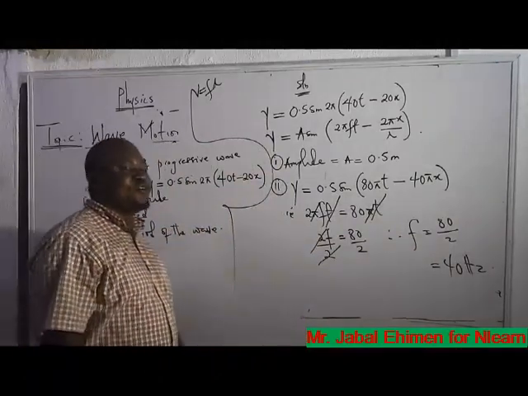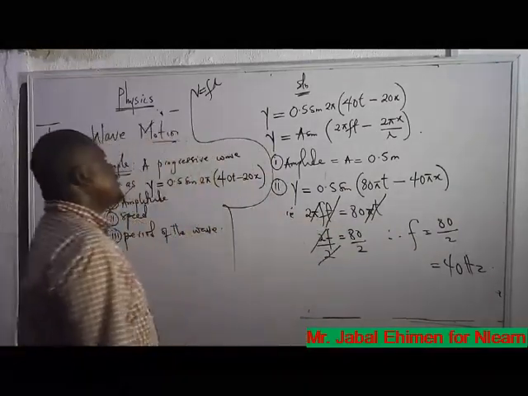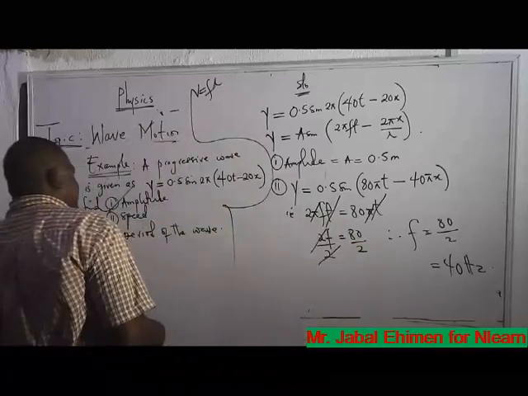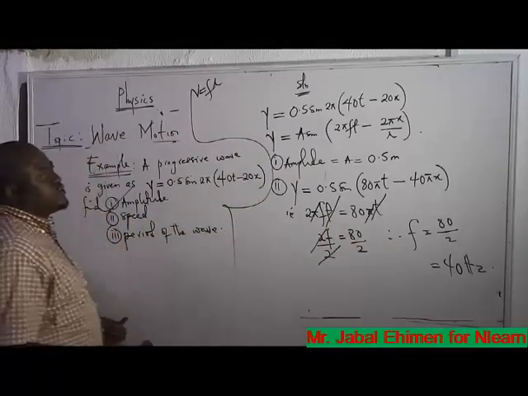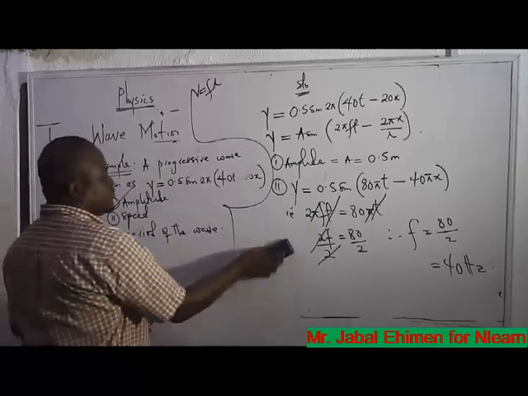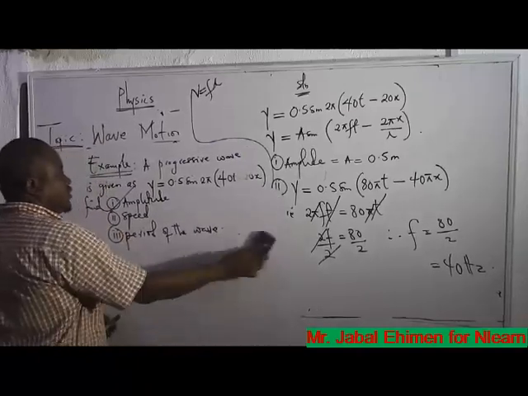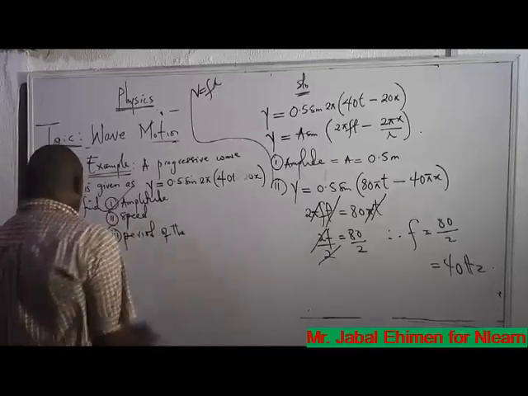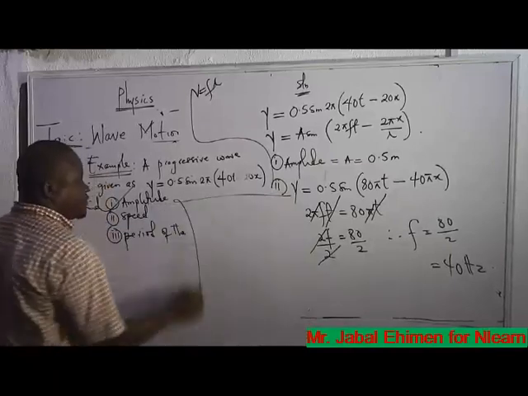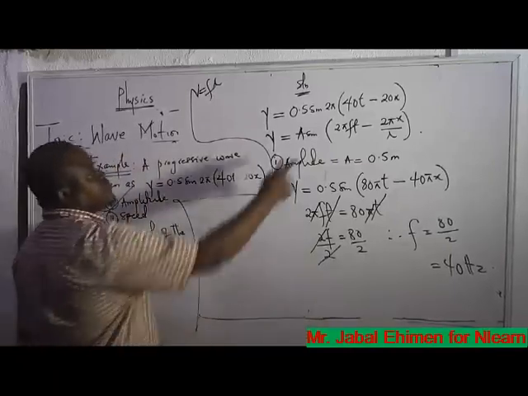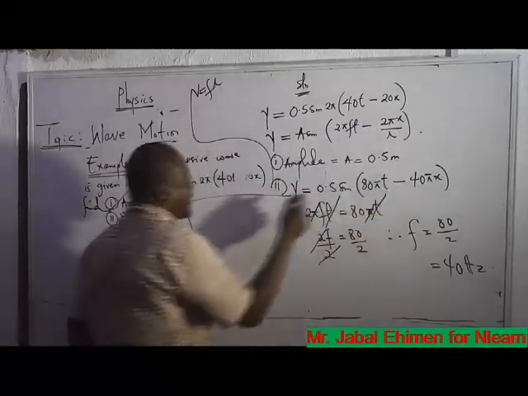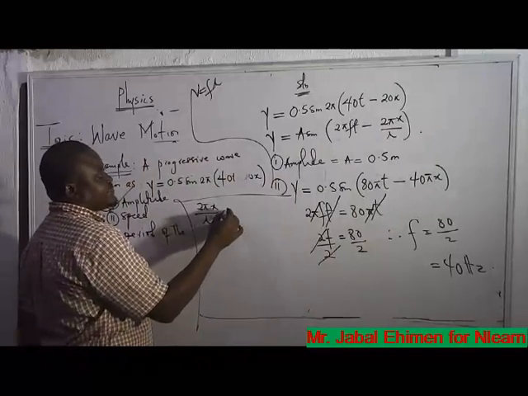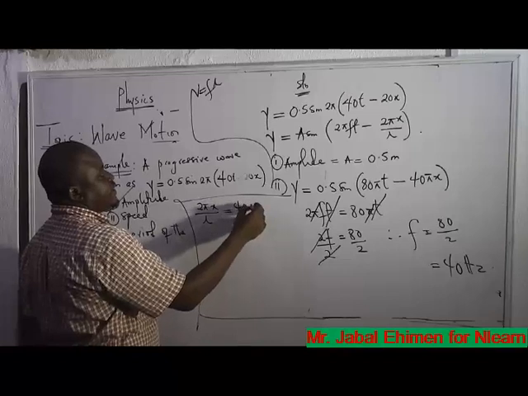So the problem we're going to have next is for us to now find the value of lambda, which is the wavelength. It's easy to find the wavelength. So from here, if you look at this equation and compare these two parts, you see that 2 pi x over lambda is the same thing as 40 pi x.